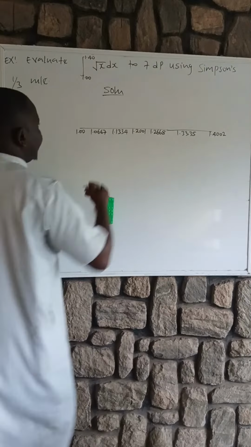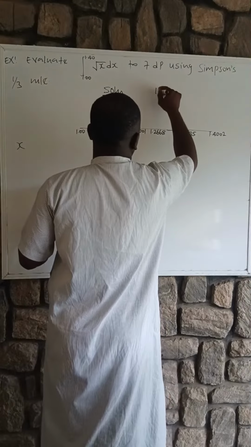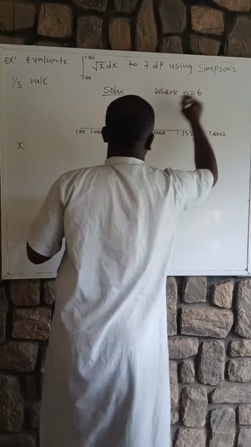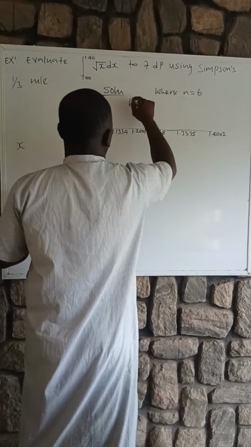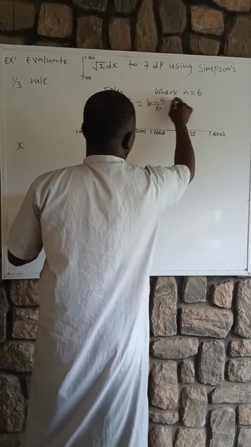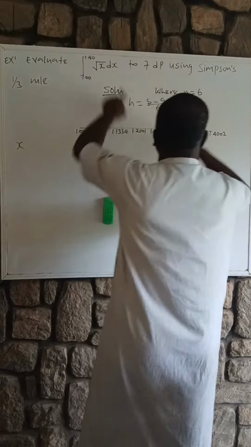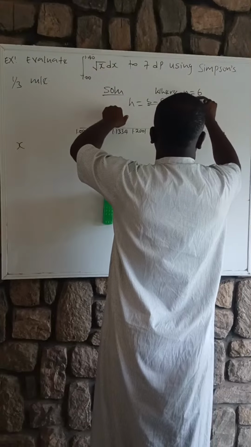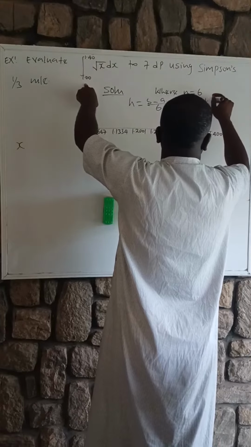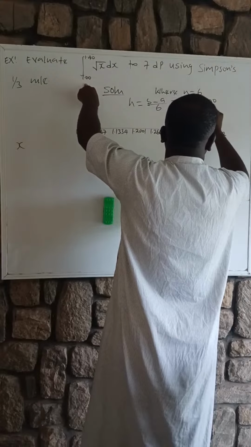It means n is equal to 6. Then our h is (b minus a) all over 6, right? This is equal to, our b is 1.40, this is our b. Then a is 1.00, all over 6.